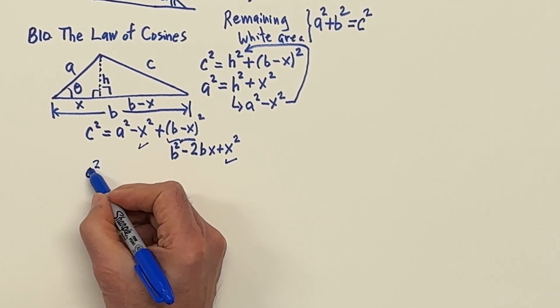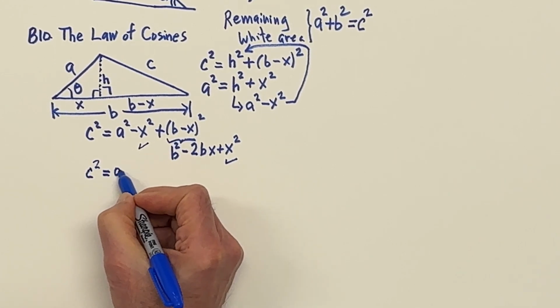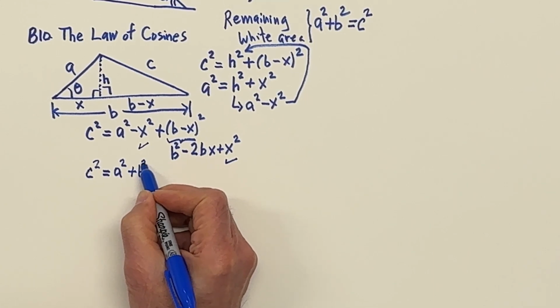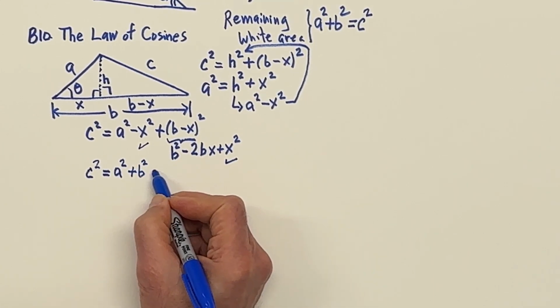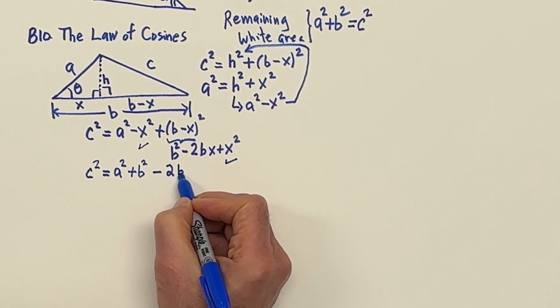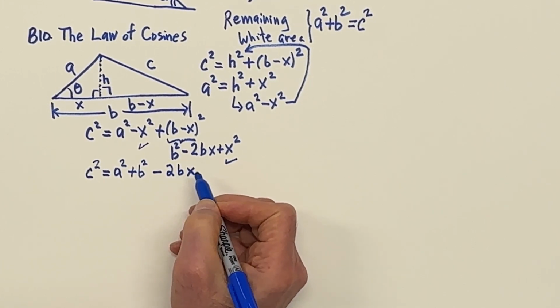I have c squared is equal to a squared plus b squared minus 2b times x.